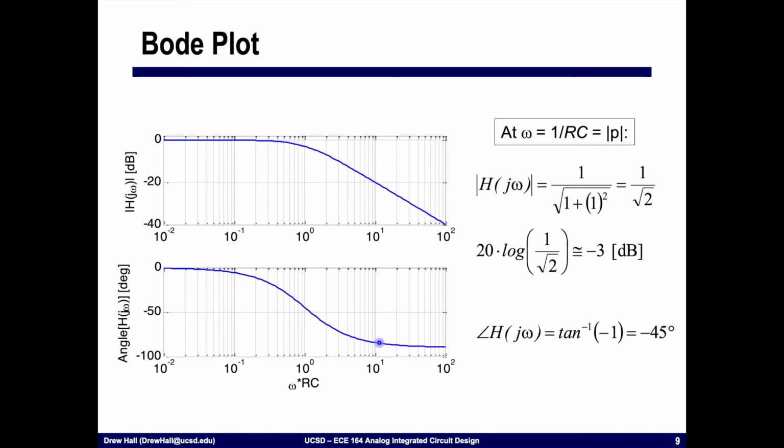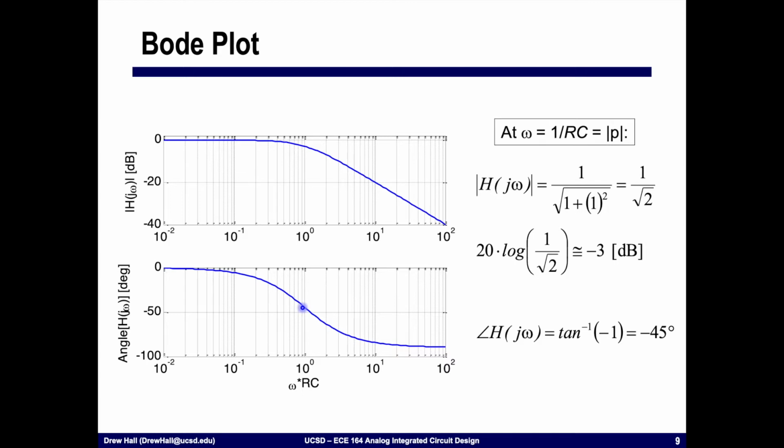Oftentimes when you ask more experienced analog circuit designers to look at the Bode plot and identify the poles and the zeros, the most conventional way is to try to look at the magnitude response. That is usually the most comfortable, but more experienced people will dive directly to the phase.